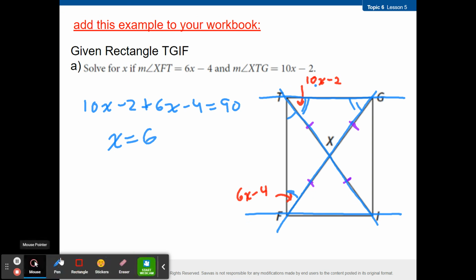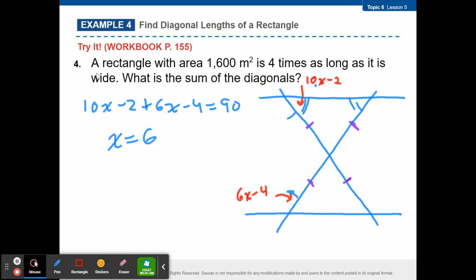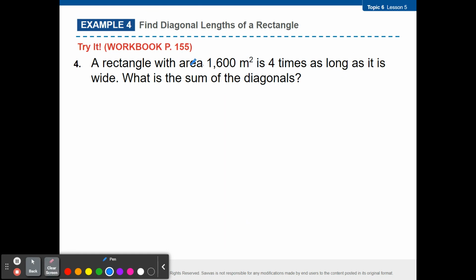All right, here's another one I think you're going to be adding to your book as well. Oh, wait, no, this is number 4. Perfect. A rectangle with an area of 1,600 meters squared is 4 times as long as it is wide. What is the sum of the diagonals? Ooh. The plot thickens. All right, so we have a rectangle. Here is our rectangle. It has all those properties.